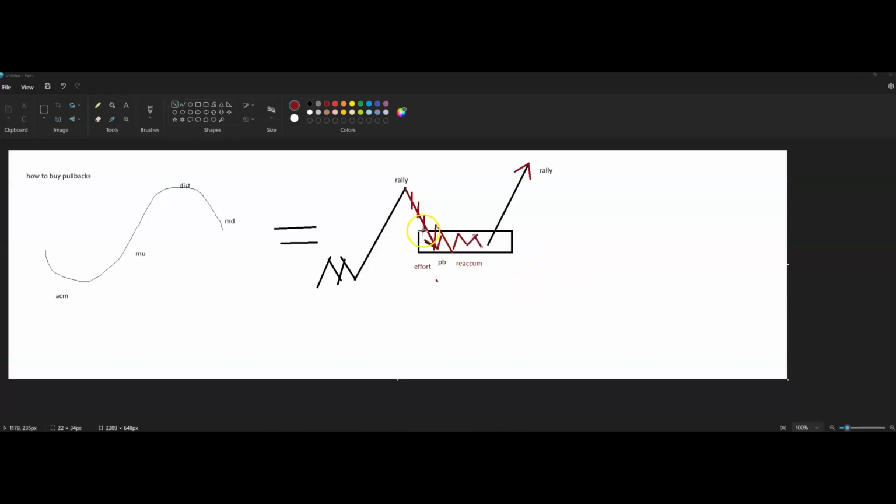So what happens is at these turns, whether it's here, let's use the circle, whether it's here, whether it's a little one, whether it's a big one, whether it's a little one, here, here, when this thing turns, these are your turning points.